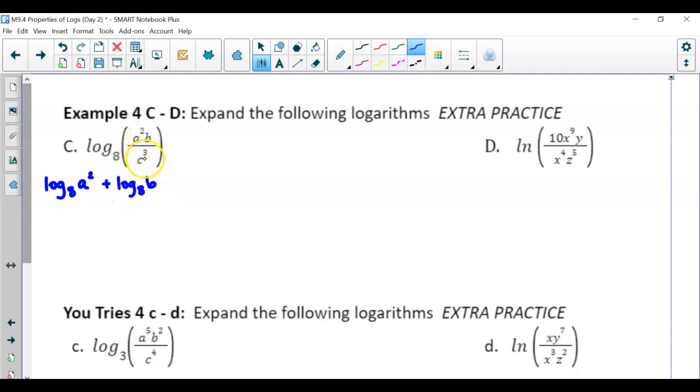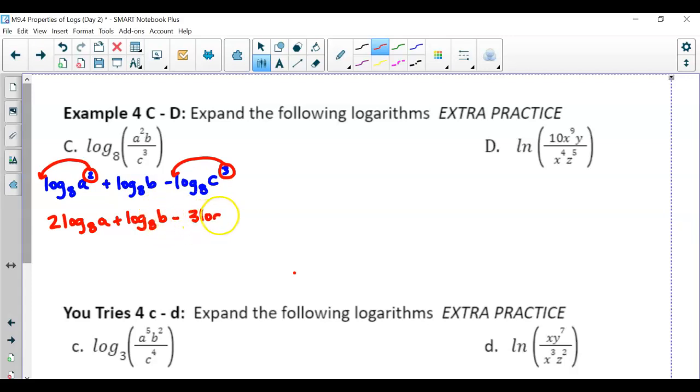Because they're being multiplied, but because you're dividing, minus log base 8 of c cubed. Then again, the power property, we have our exponent that can be brought down as our coefficient. So 2 times log base 8 of a plus log base 8 of b minus 3 times log base 8 of c.